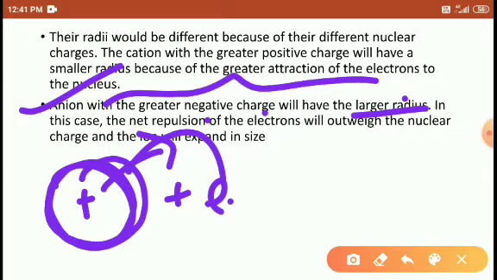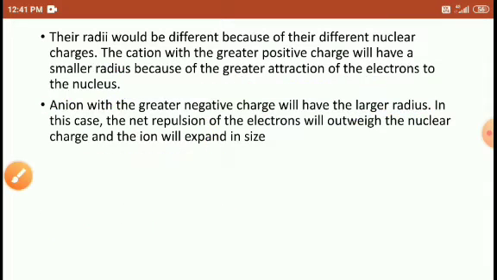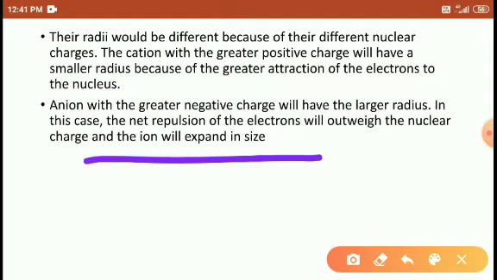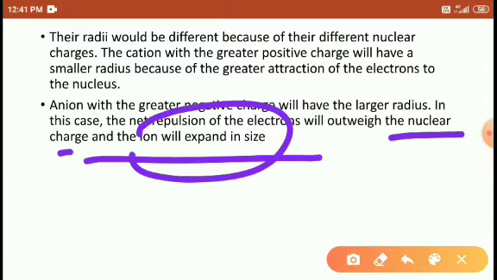So repulsion occurs. Due to the repulsion, the effective nuclear charge decreases here: the protons are fewer and the electrons are more numerous relative to the outermost electron. Due to that reason, its size increases. The size will expand. Nuclear charge decreases and size expands.